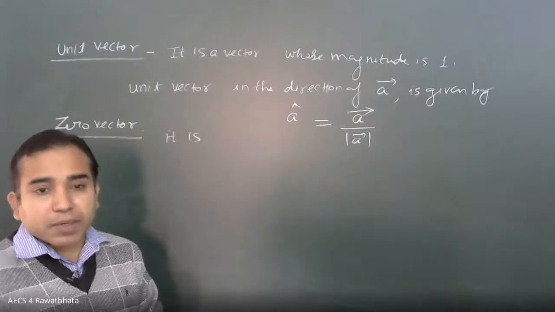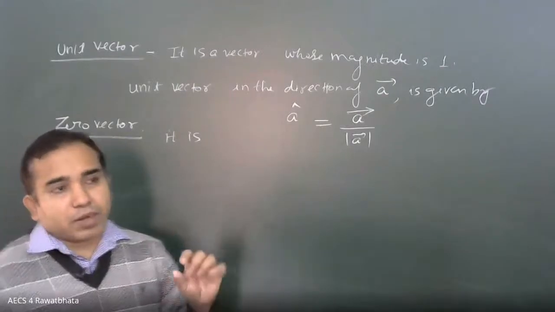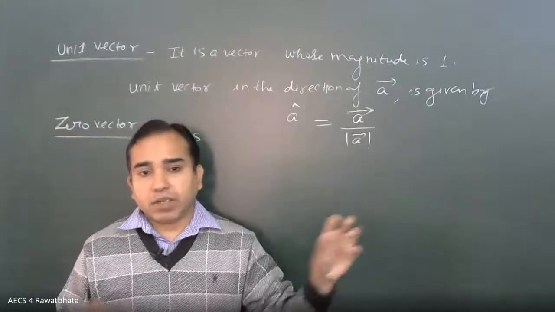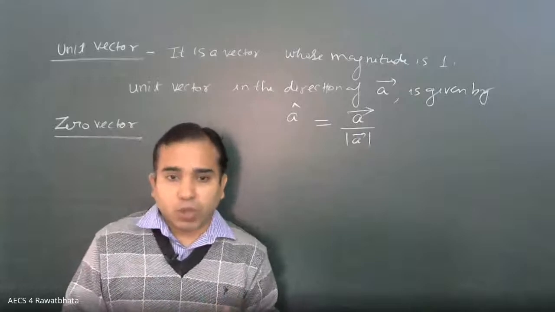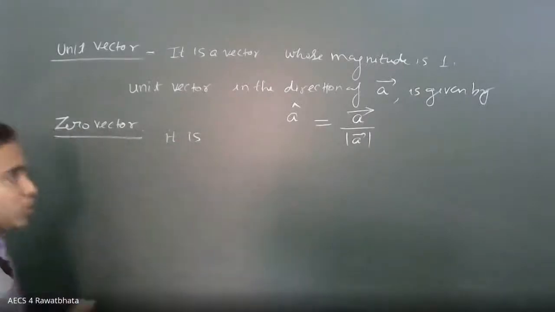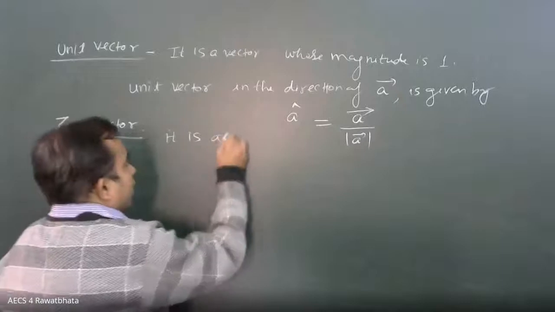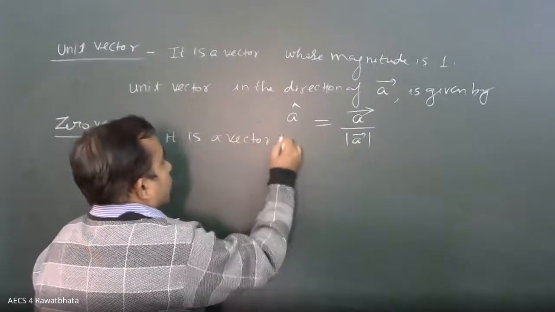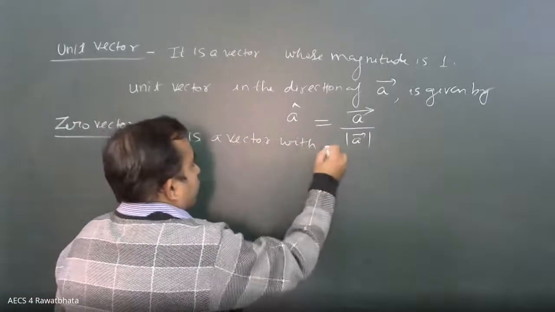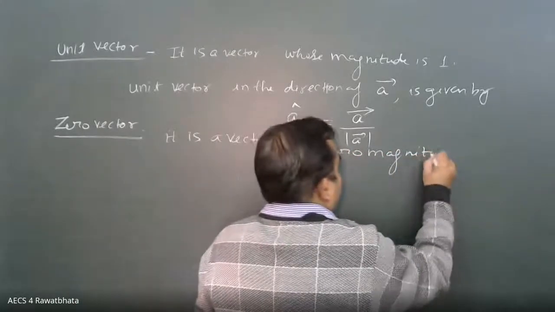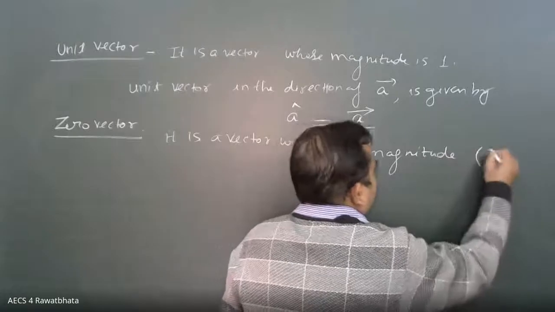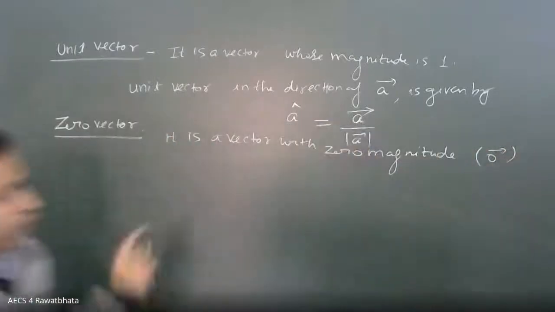But as a concept, many times we suppose a 10 unit vector is in the north direction, a 10 unit vector is in the south direction. We add them, the resultant is 0. In those senses it is useful. It is a vector with 0 magnitude. We denote it by this zero vector.